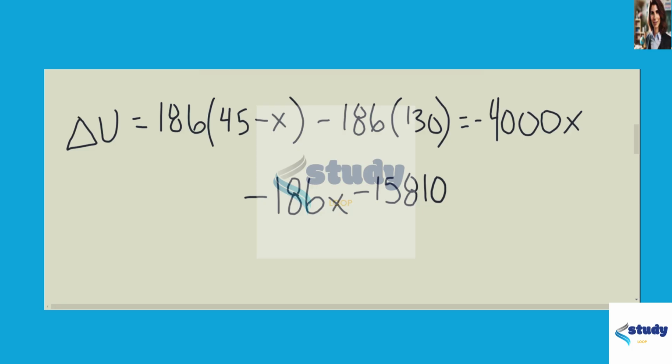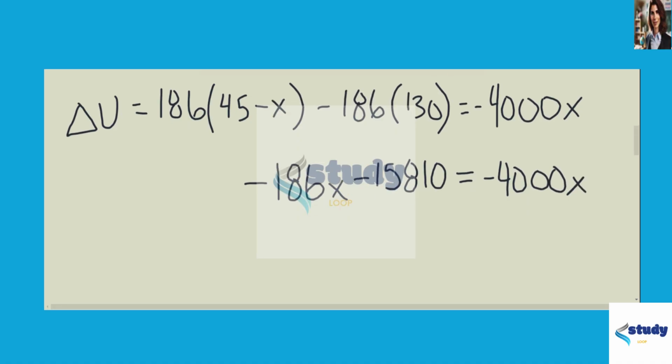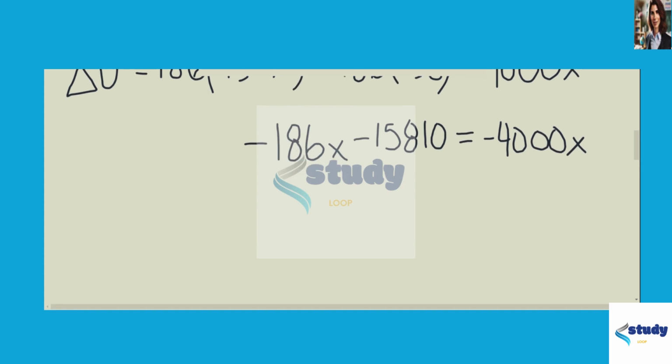So the 186 times 45 minus the 186 times 130 is this negative 15,810 number. And this is equal to the negative 4,000 x. Okay, we add over that 186x.